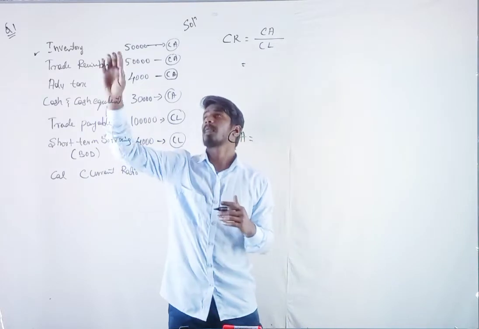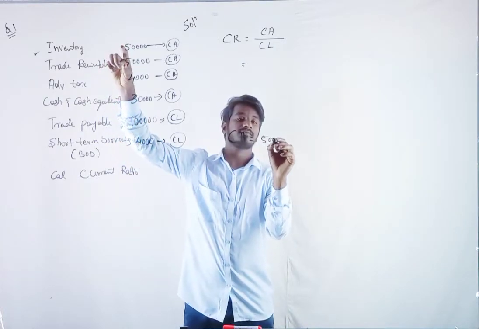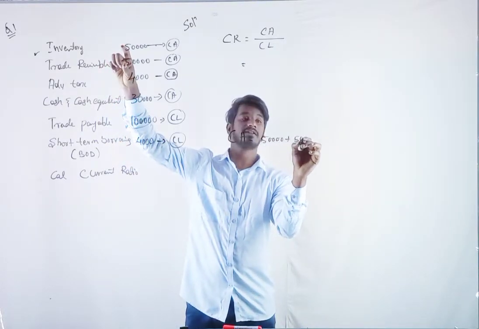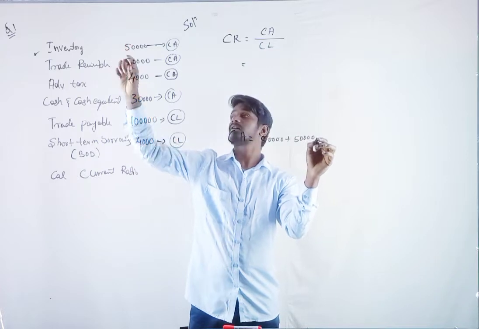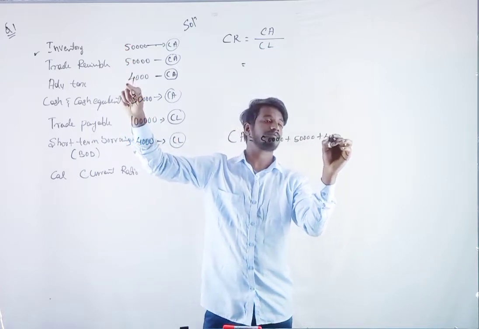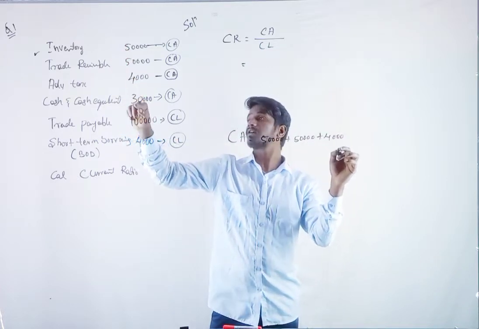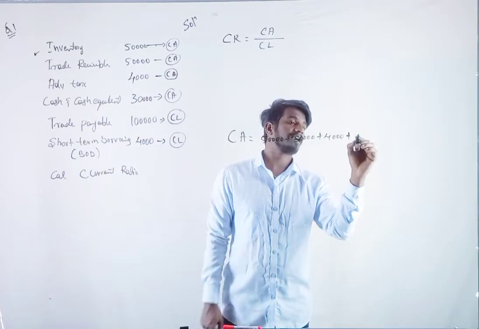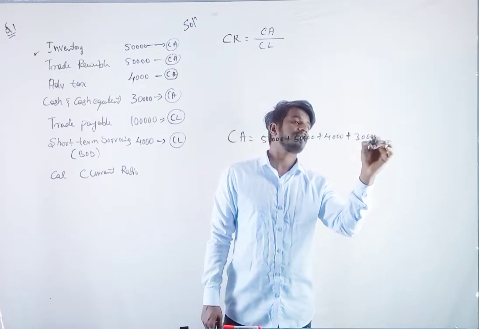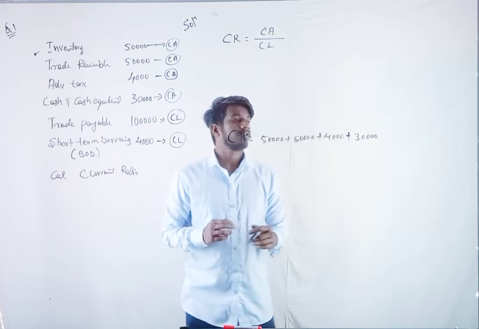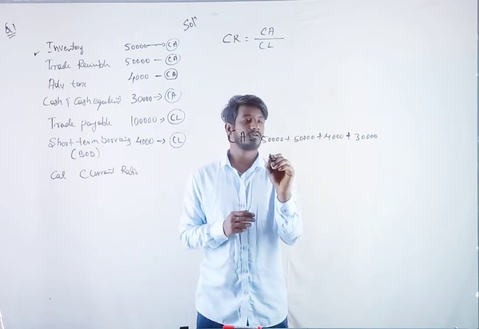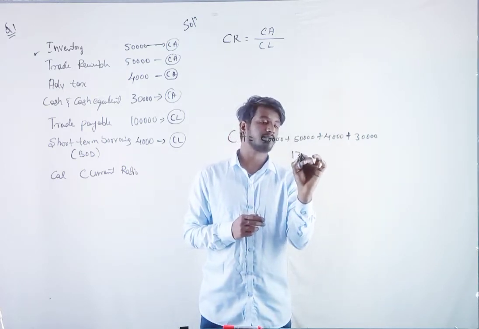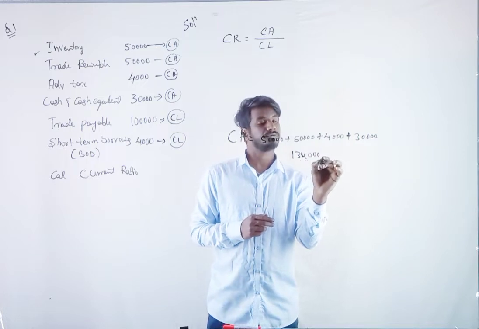How much? 50,000 plus 50,000, then 4,000, then cash and cash equivalent 30,000. Total how much did it become? Total 1 lakh 34,000.